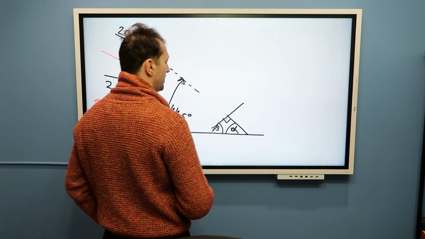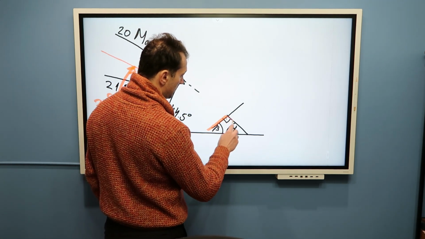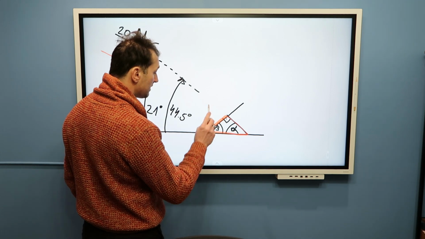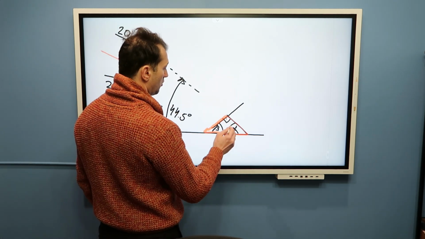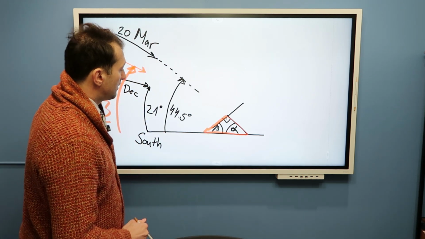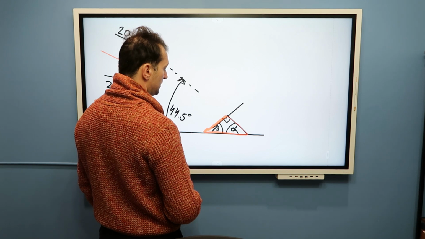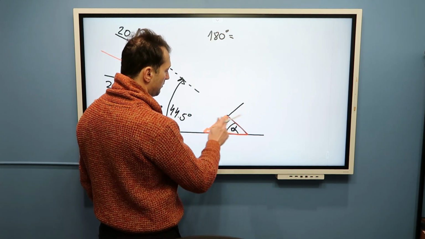And a little bit of geometry says this over here, notice, is right triangle. This is 90-degree angle. So, and the sum of all angles in a right triangle is 180 degrees. So that means 180 degrees is the sum of these three angles.